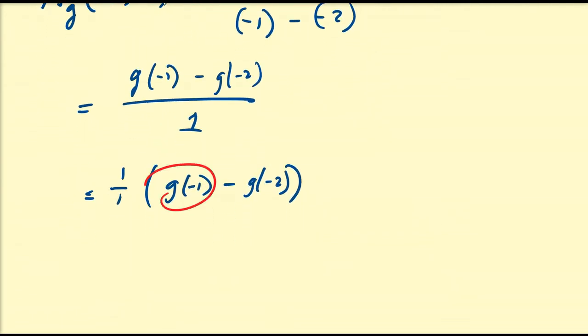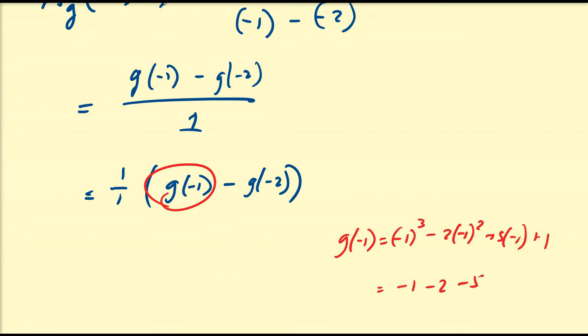Let's figure out these two components. g of -1 is equal to -1 cubed minus 2 times -1 squared plus 5 times -1 plus 1. That's -1 minus 2 minus 5 plus 1, which is -3, minus 5 is -8, plus 1 is -7.